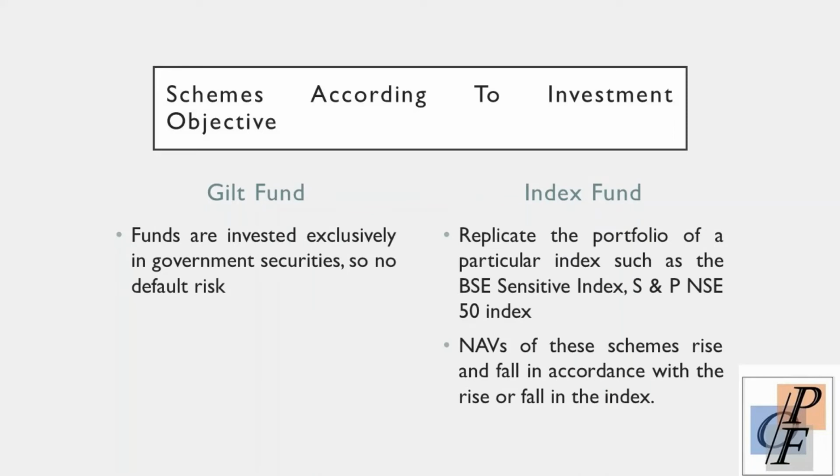Gilt funds are usually invested exclusively in government securities, so there is no default risk as such. Index funds replicate the portfolio of a particular index such as the BSE Sensitive Index or the S&P NSE 50 index. So the NAV of these schemes rises and falls in accordance with the rise or fall in the index.